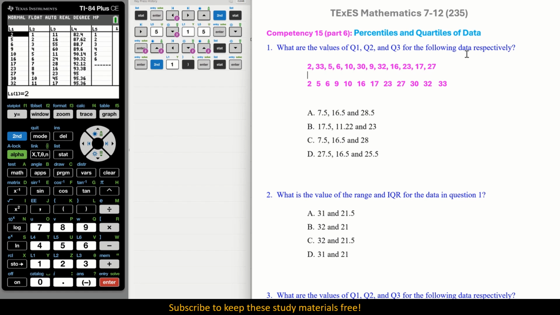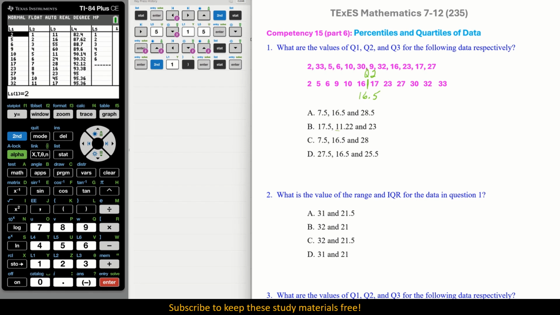Now let's do this by hand first. We're going to get our Q1, Q2, and Q3. We have 12 numbers. What we need to do is cut those in half, right down the middle. Q2 is in half, and that will be 16.5.